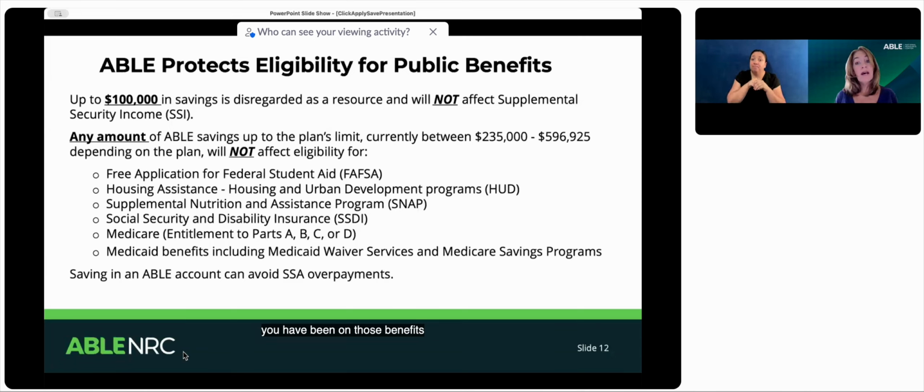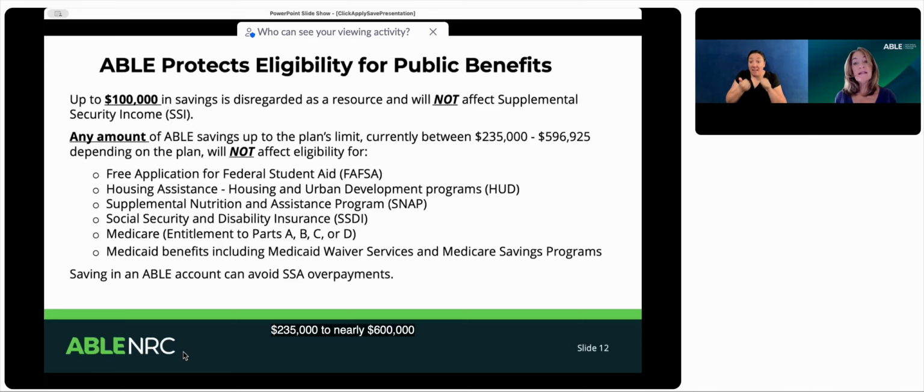And with an ABLE account, up to $100,000 in savings is disregarded as a resource, and it will not impact your SSI. Then, outside of SSI, any amount of ABLE savings up to the state plan's limits, and right now the state plan's limits range from $235,000 to nearly $600,000, depending upon the state plan.